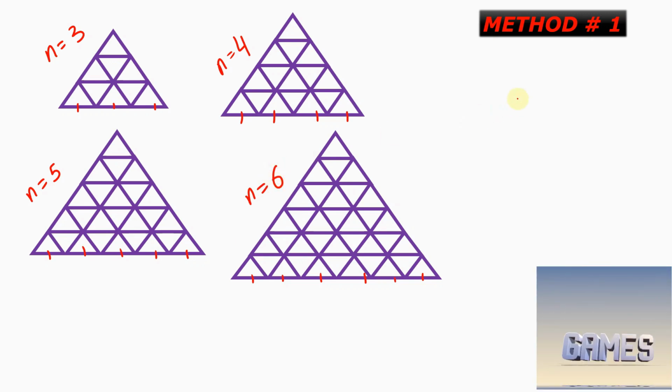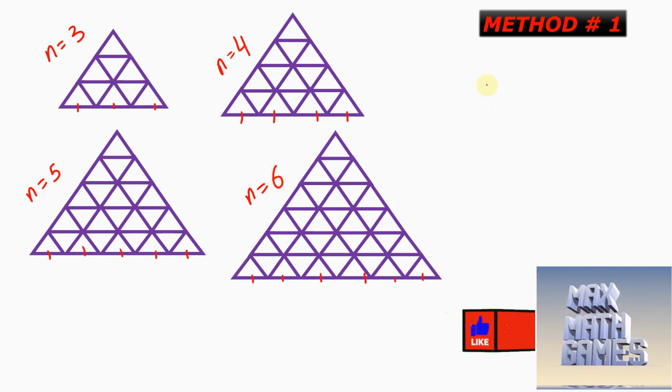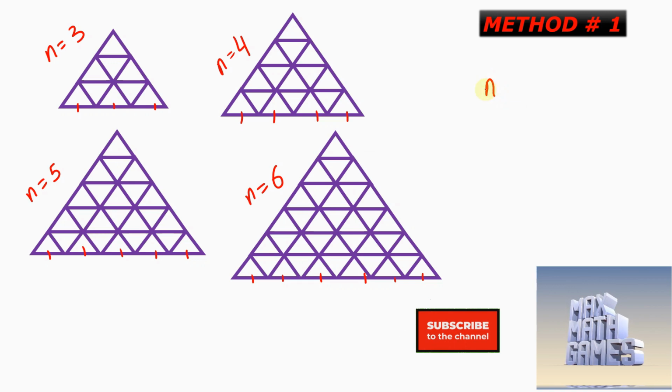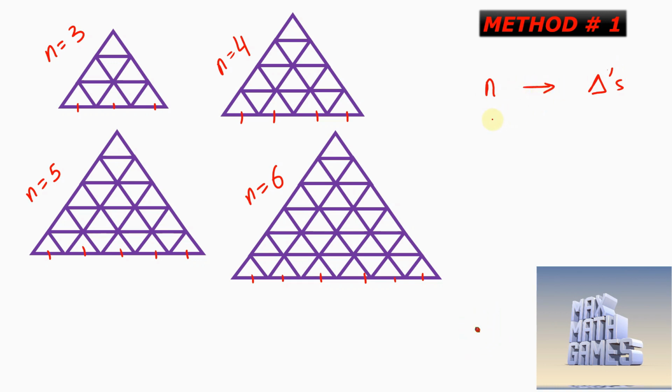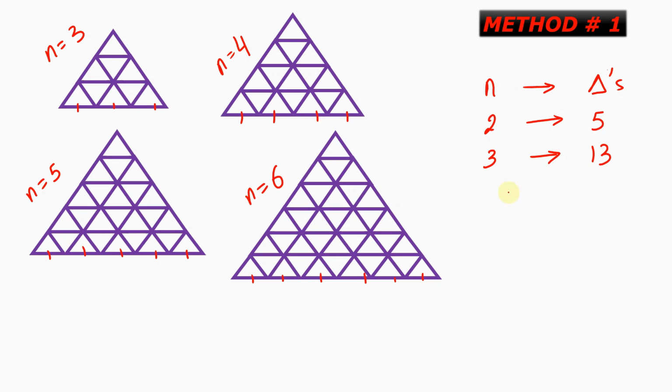Method number one is that we can simply remember the values of the number of triangles for the particular values of n. If n equals 2, then the number of triangles will be 5. If n equals 3, the number of triangles will be 13.